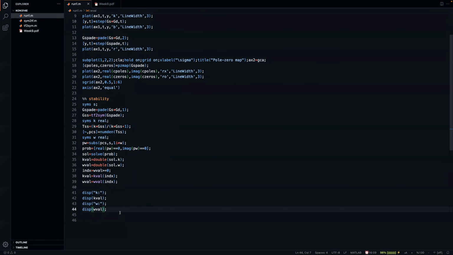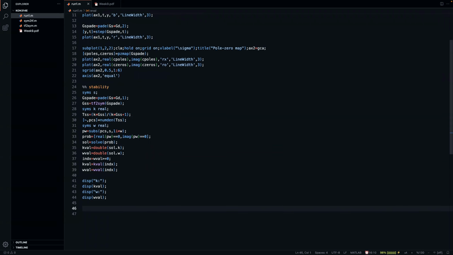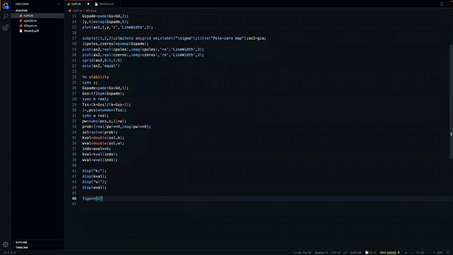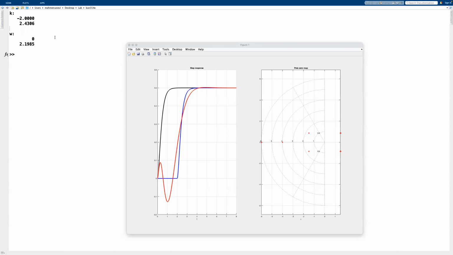So what we can do is plot the root locus plots. The root locus of G(s) Padé, which is the positive root locus, and we know that it is 2.43.